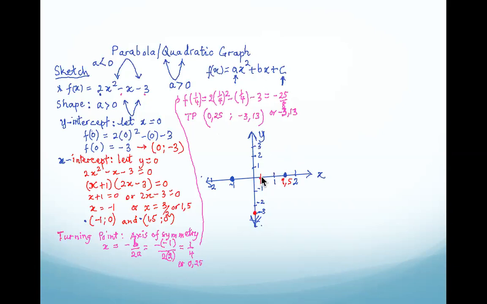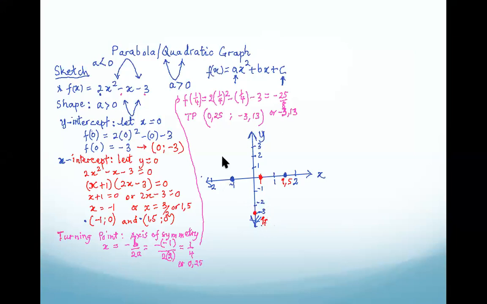Good. Now, what else do we need? We also need, but I'm not supposed to put a point there, but I'm just showing you something. Then I come down to look for a negative 3,13. So negative 3,13 should be somewhere. So this particular one is our TP, our turning point here.